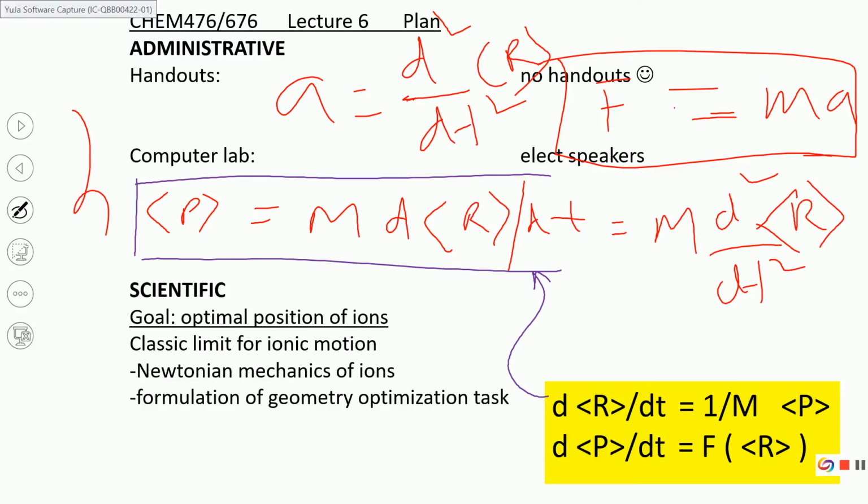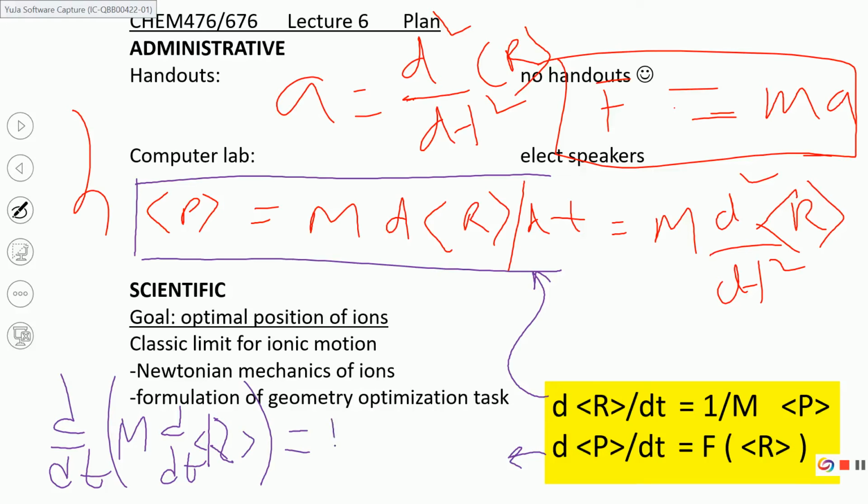Yes. Good. Now let's plug this momentum into here under the differential sign. So I'm rewriting the second equation. I'm doing d dt, and here instead of p, I will write this one: mass times d dt of r, equals f.